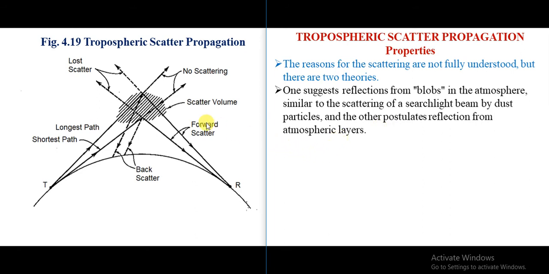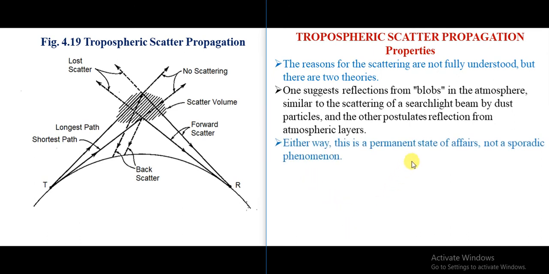Just like dust particles, the electromagnetic waves are scattered because of some blobs, some clouds, similar to clouds but invisible clouds. And some people say that because the atmospheric layer gets ionized in the troposphere, some portion of that layer is reflecting it.